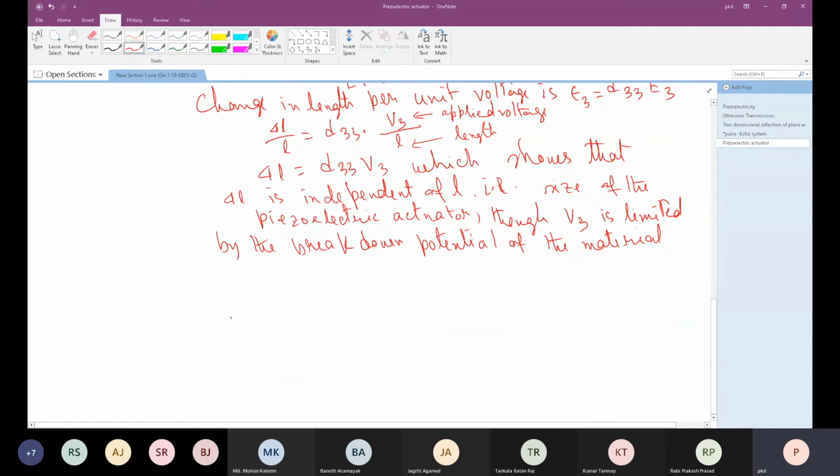So that way the voltage is limited, but theoretically delta L does not depend on the size of the piezoelectric actuator.